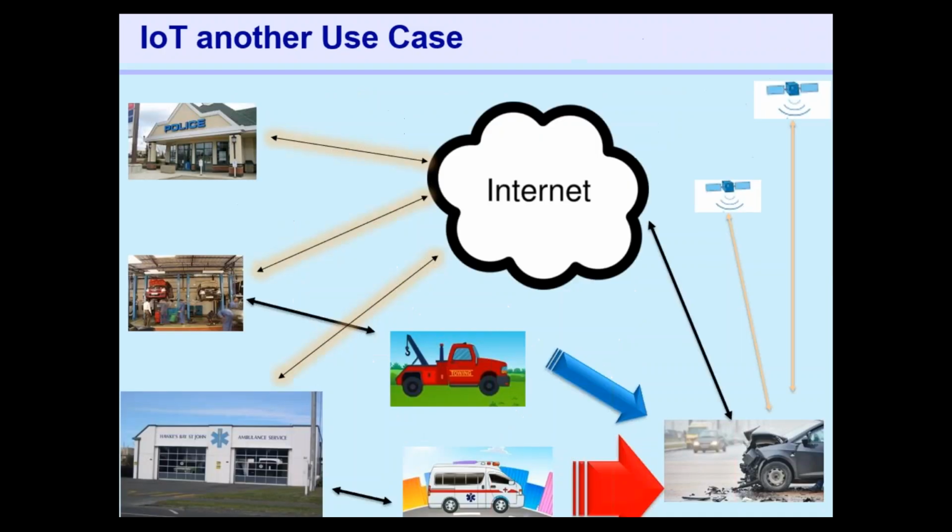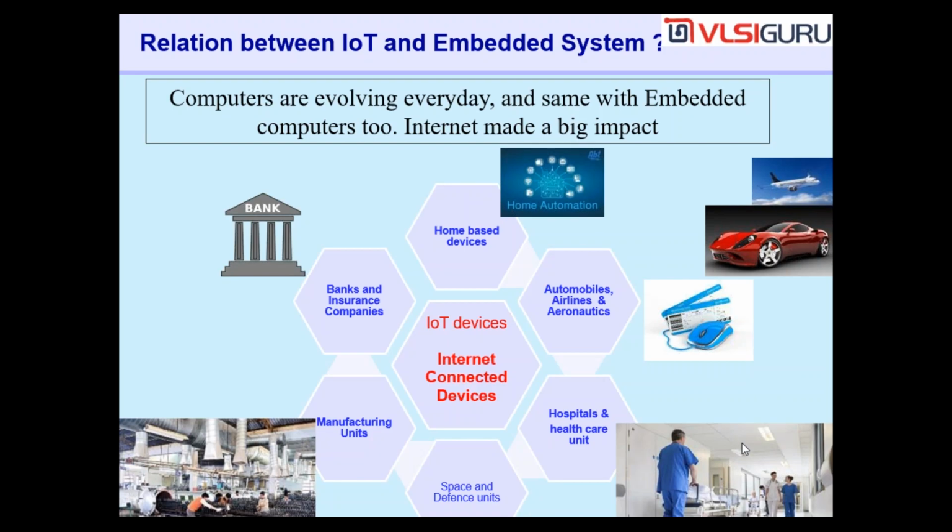Imagine the car you're driving here is enabled with all these sensors and gadgets. You don't come across any accident. Still, your data, the performance of your car as well as how you drive the car on the road, is transmitted to the insurance company. Insurance company, based on that data, will get to know how safe you are as a driver.